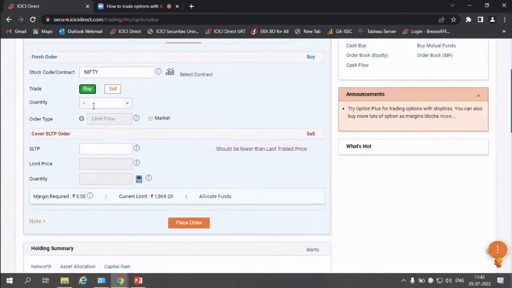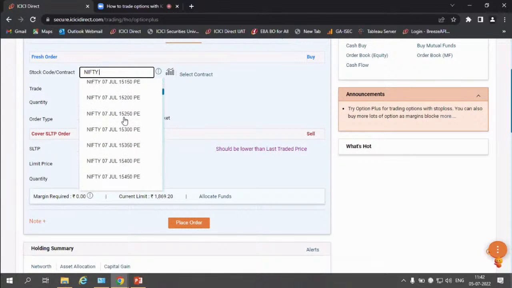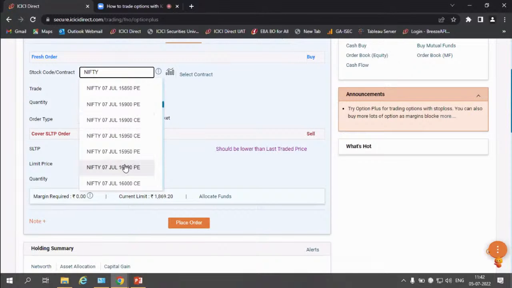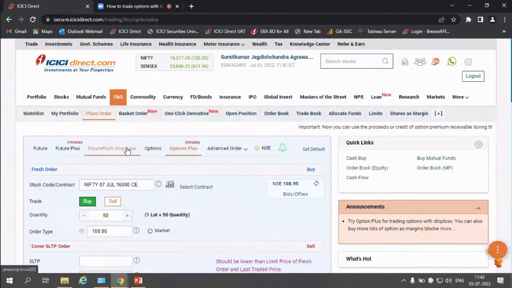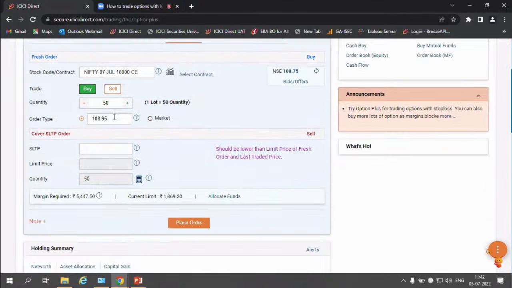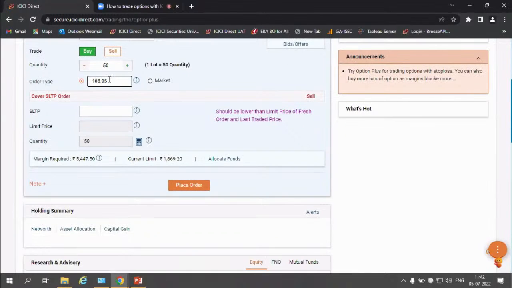Let me just explain this once again. So 16,000. Over here it says the order price is 108.5. If you multiply 50 by 108.5, 5,400 something will come up.